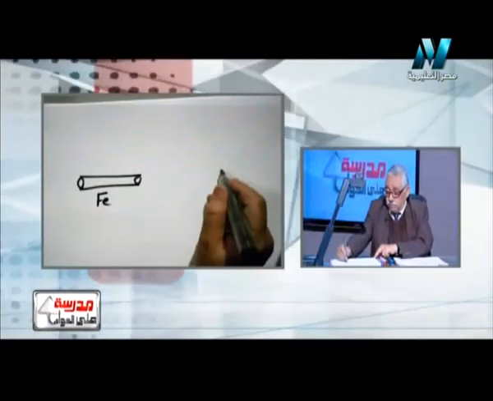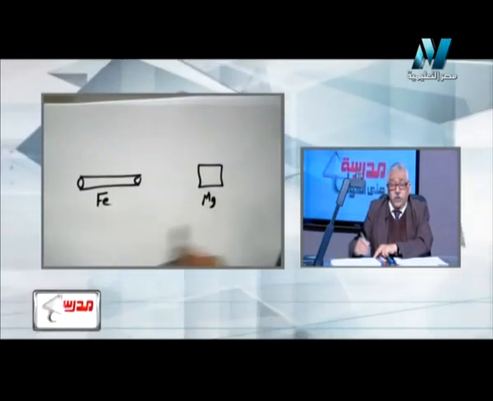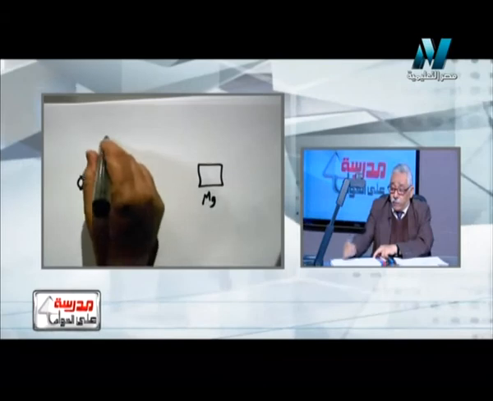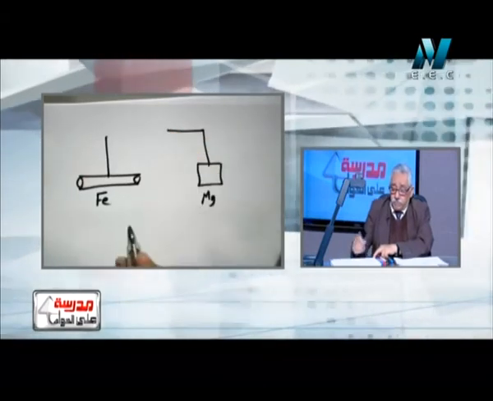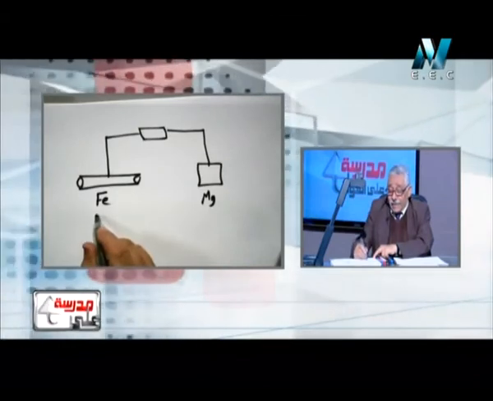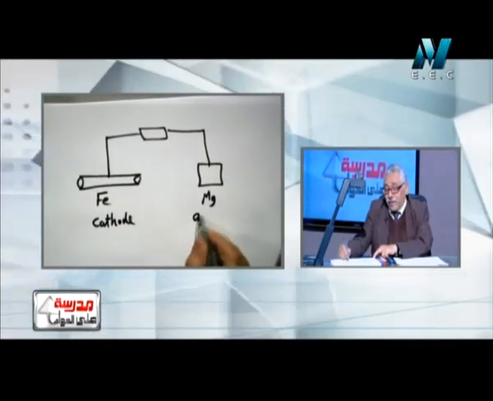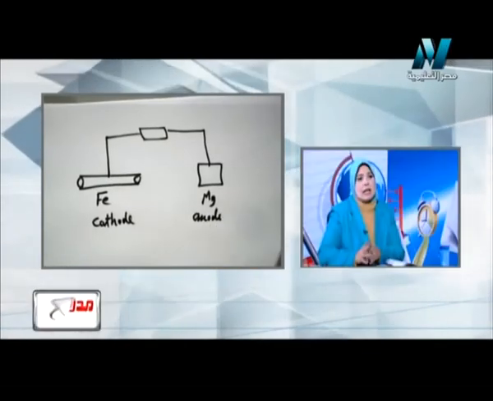For example, take an underground tube made of iron, Fe, and we connect magnesium, Mg. The magnesium is the anode, and the pipe, when connected, acts as cathode, because magnesium is more active. As you said, it's sacrificial protection, so the magnesium decays first.